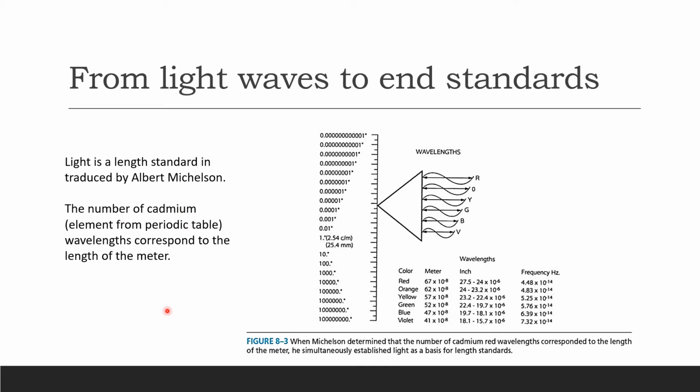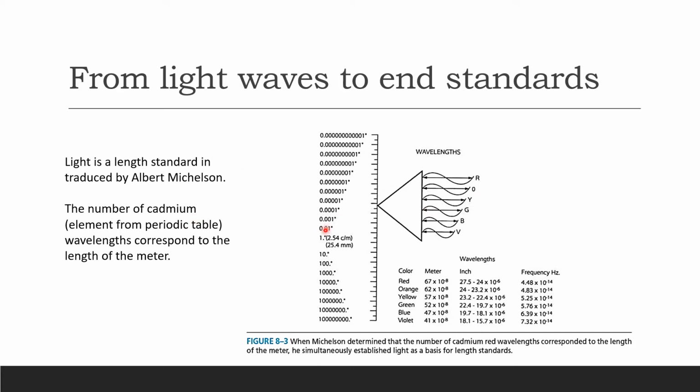So we're nothing but a system composed of these particles, the same thing as that. So the number of cadmium wavelengths that correspond to the length of the meter. Okay. So here we're using the light wavelength as a standard of measurement. And here in this case, light is the length standard.